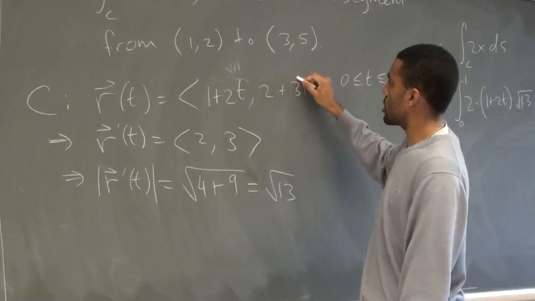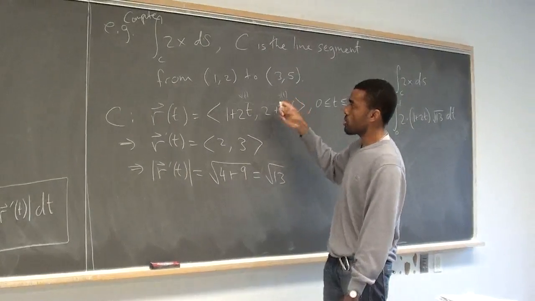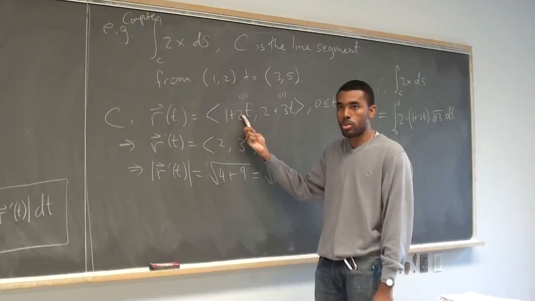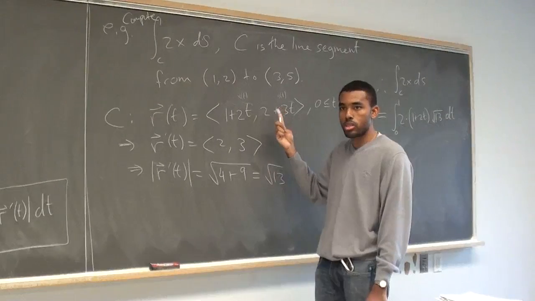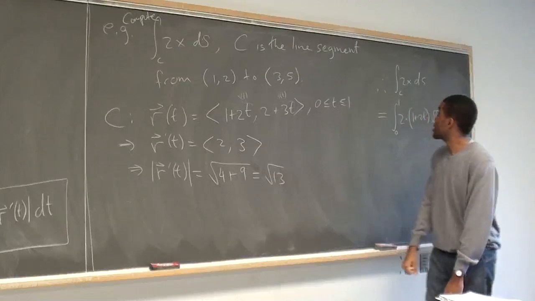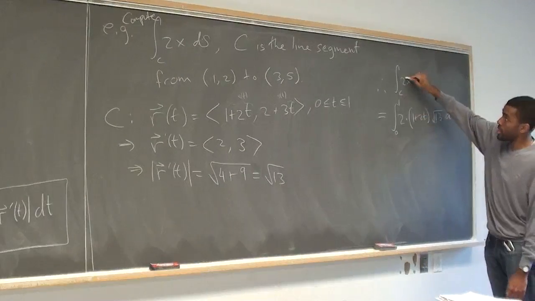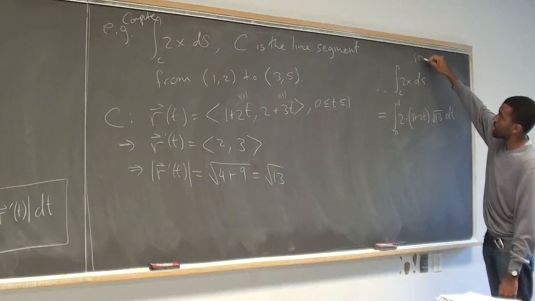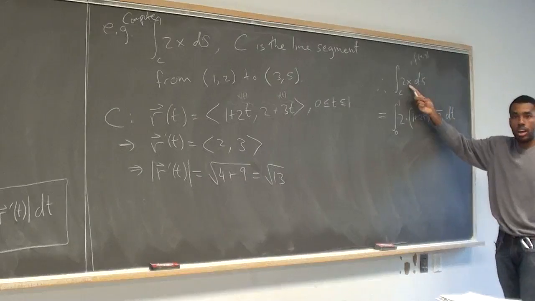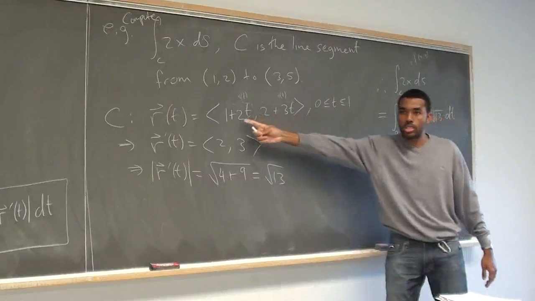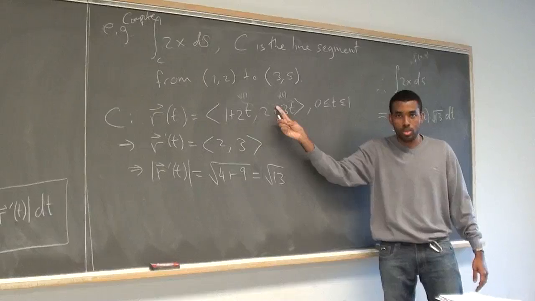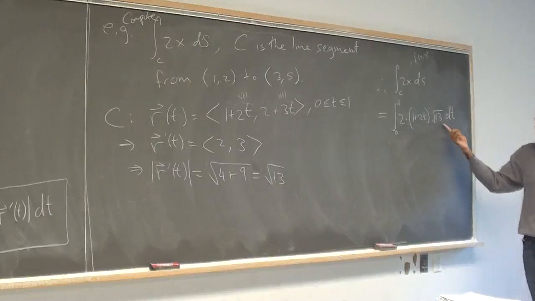This formula here is your y of t. So wherever you see x, you replace it with this expression. Wherever you see y, you replace it with that expression. Here, this 2x is your f of x, y. So you take this function, everywhere you see an x, replace it with this, everywhere you see a y, replace it with that, and you get this expression.